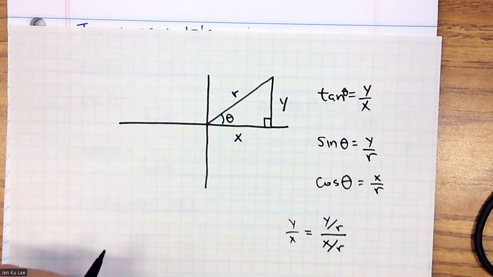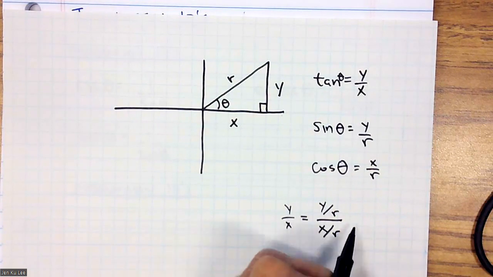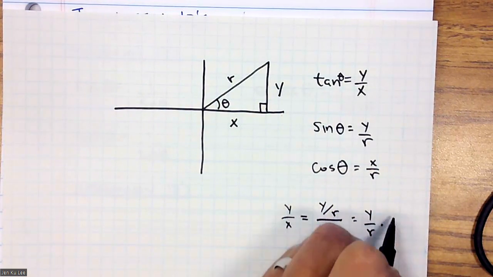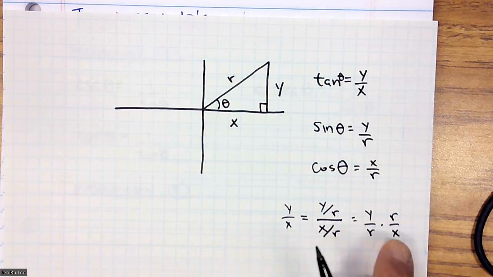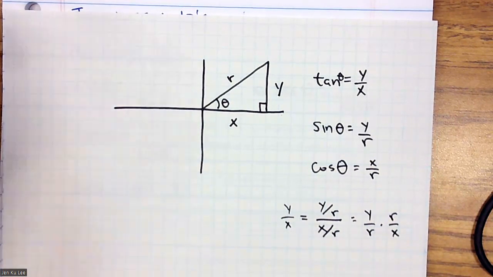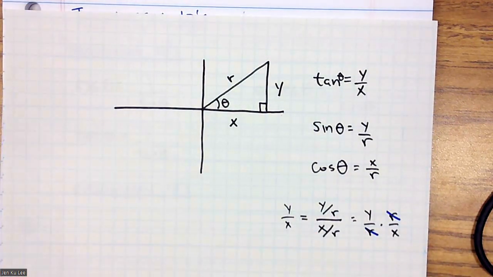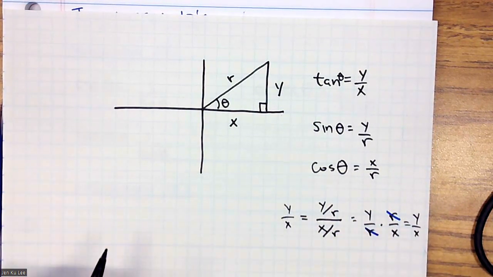Can I say that? Because if I divide these out, the second one becomes y over r times r over x, because you take the reciprocal and flip it. Then the r's cancel out, and we're left with y over x. That makes sense?